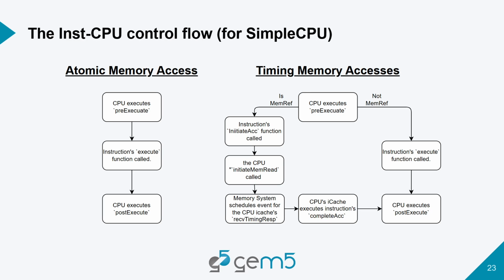If it is a memory operation, it's a little more complicated: the instruction's initiate access function is called. The CPU therefore calls initiate mem read, which calls the memory system, and the memory system then schedules an event at some point in the future, dependent on how it models timing.